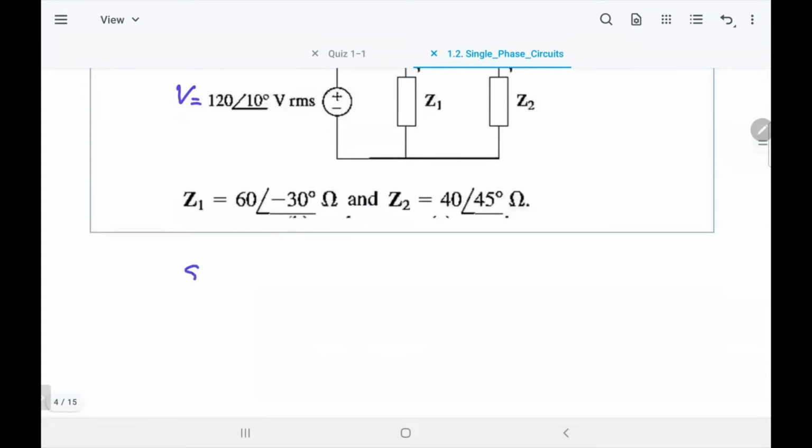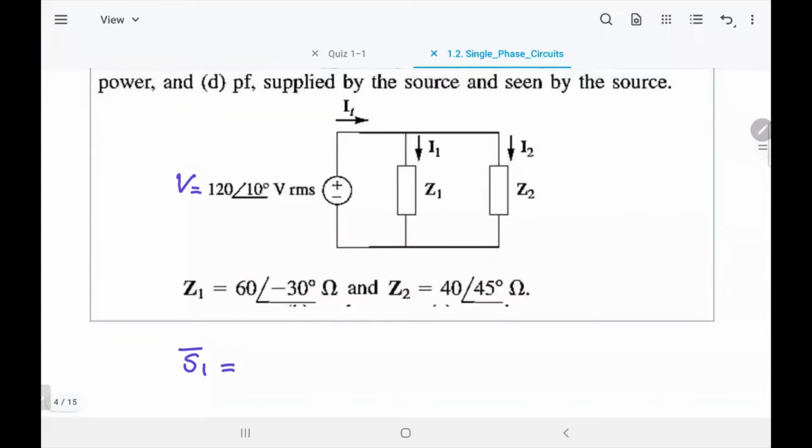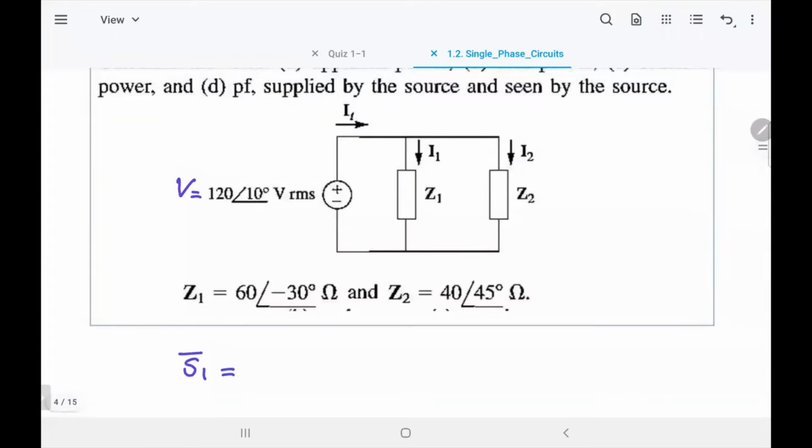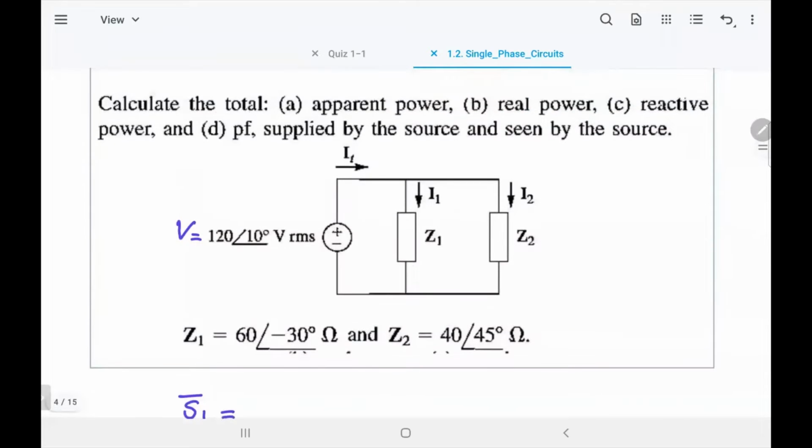Let's write here S1 complex. Anybody has an answer? Just give me the expression before numbers. How do you calculate the complex power in impedance Z1? Voltage only, or voltage squared? Voltage squared, okay.